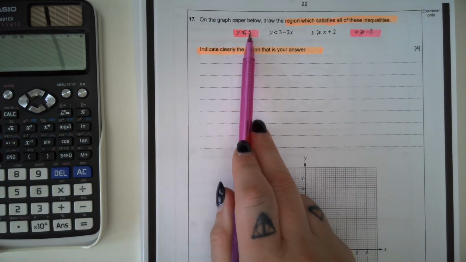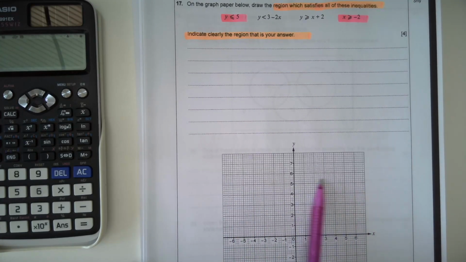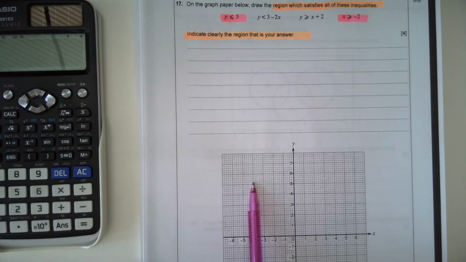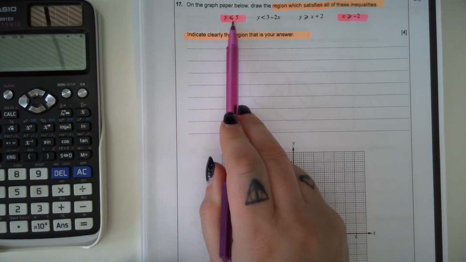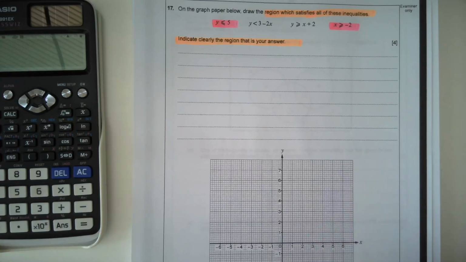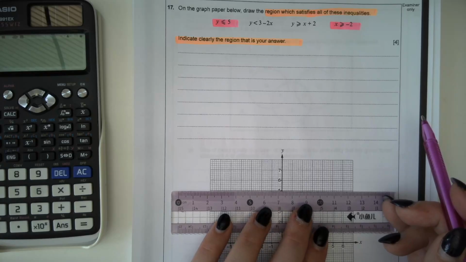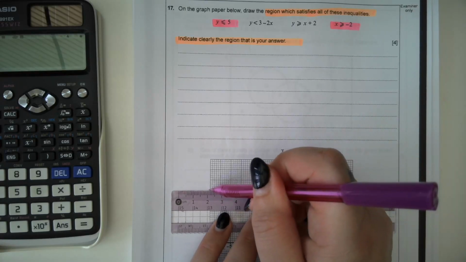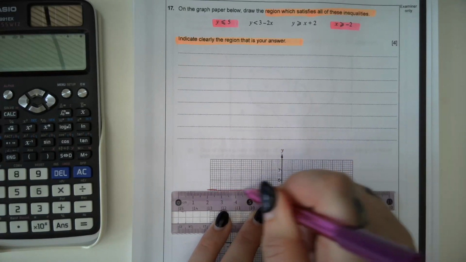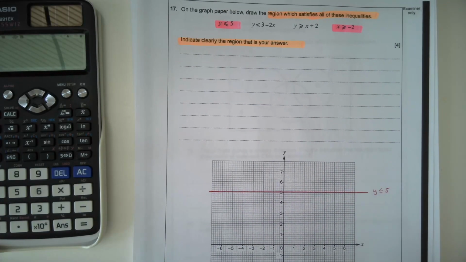So y is less than or equal to 5 is a horizontal line that goes through 5 on the y-axis. But it's a less than or equal to, so because of that equal to symbol, we use a solid line. I'm using a pen so you can see it nice and clearly. Please use pencil in case you need to rub it out. So a solid line, I didn't do very well with my ruler then, but that is y is less than or equal to 5.